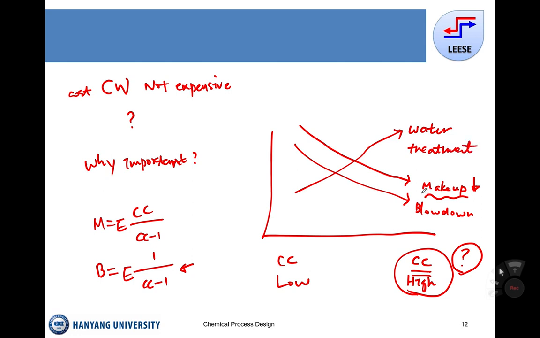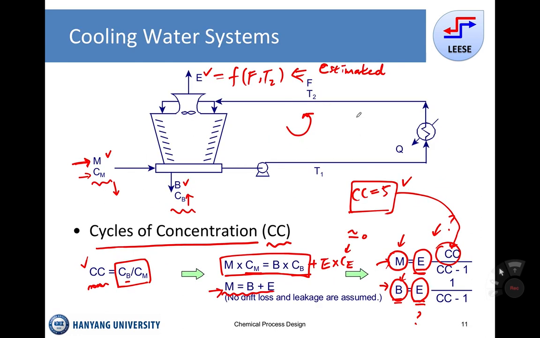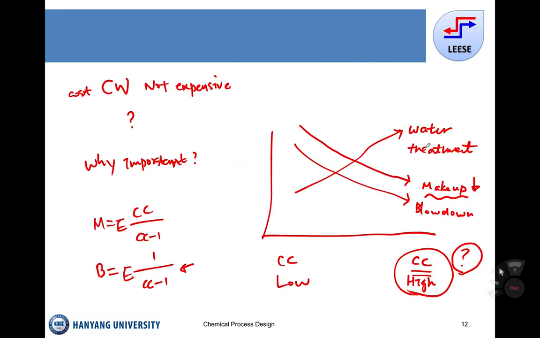Okay, water is kept used inside the system, so we might have fouling, we might have some contamination, we might have some corrosion, so we need some treatment. So circulating the dirty water inside the circuit means we need more attention on the water treatment, okay? So that is the trade-off.